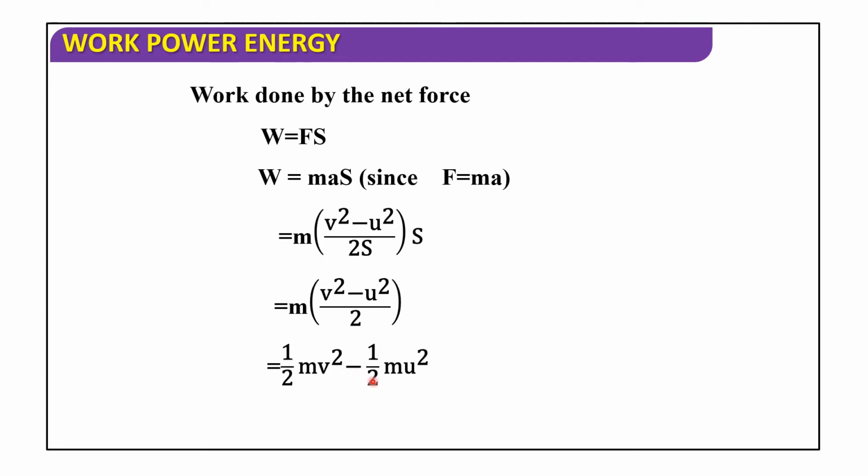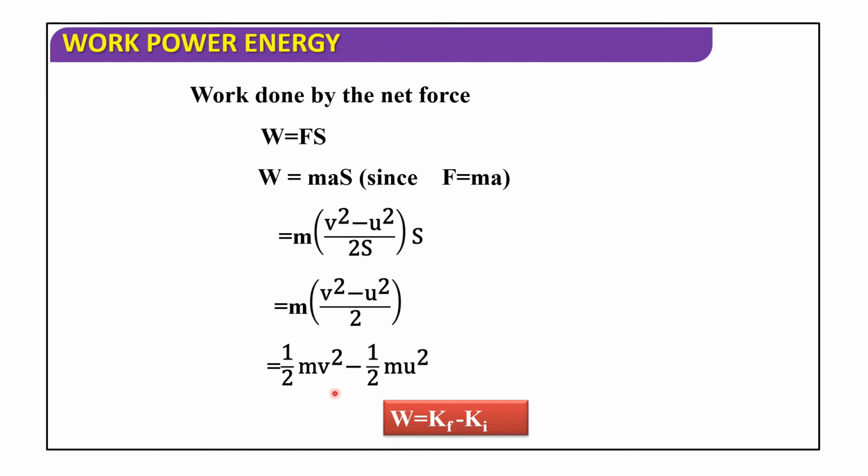This can be written as half mv square minus half mu square. So work is equal to final kinetic energy minus initial kinetic energy. So W is equal to Kf minus Ki. This is the work energy theorem.